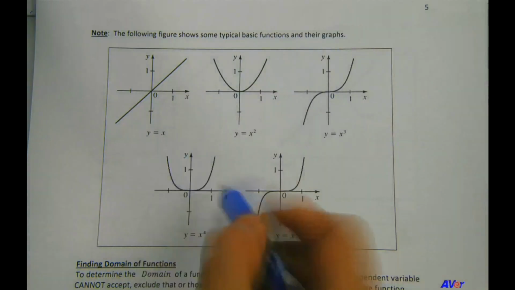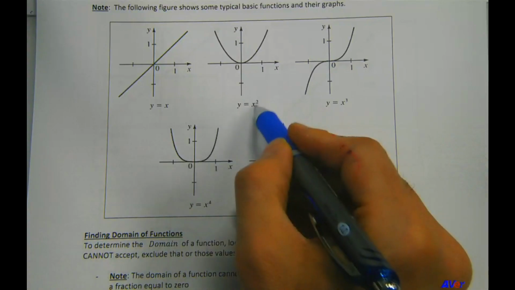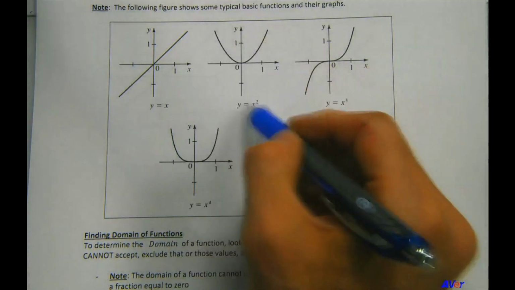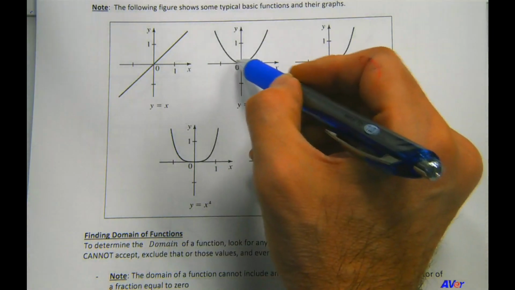Quadratic with the bottom flattened. Why? Because notice for the regular quadratic equation, x squared, you have a more pointed vertex.